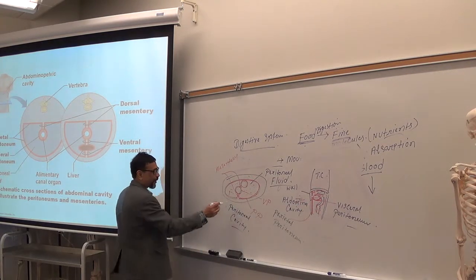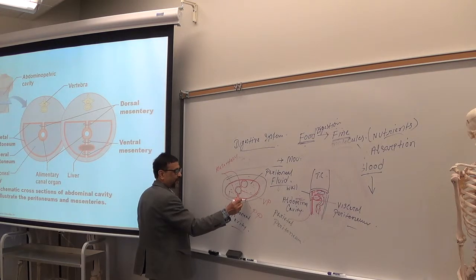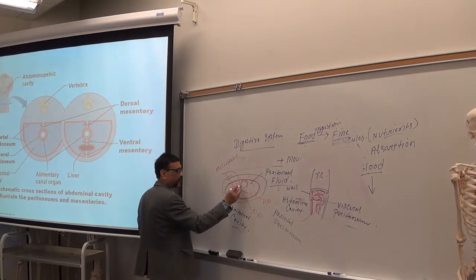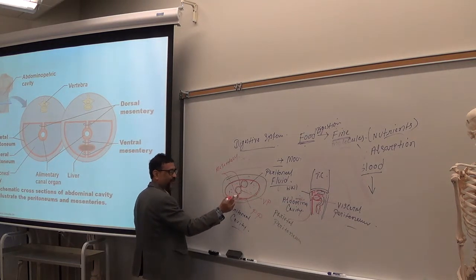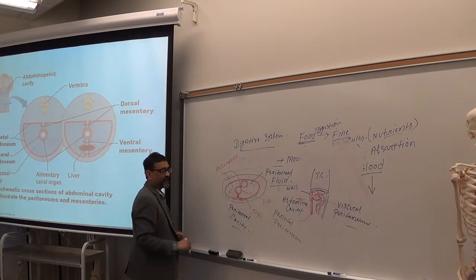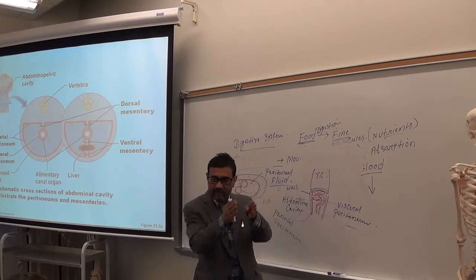Number two, from the body wall, blood vessels and nerves go to the internal organs through the mesentery, because it is a double layer, and in between the two layers you have a space. So the blood vessels, nerves, and lymphatic vessels, those important structures, pass through the mesentery.